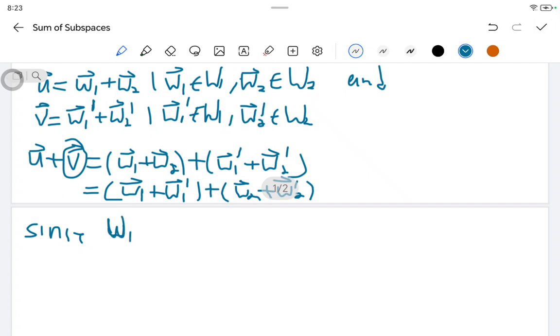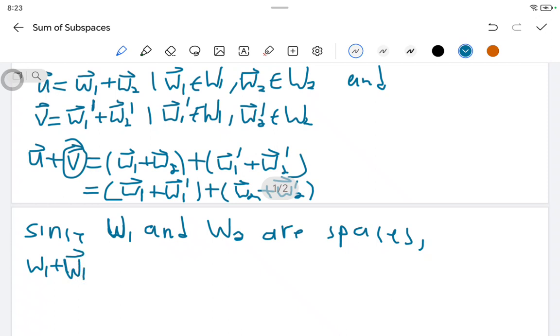Since W1 and W2 are subspaces, if I take two elements from W1, I'll find that their addition satisfies closure, and if I take two elements from W2, they also satisfy closure.